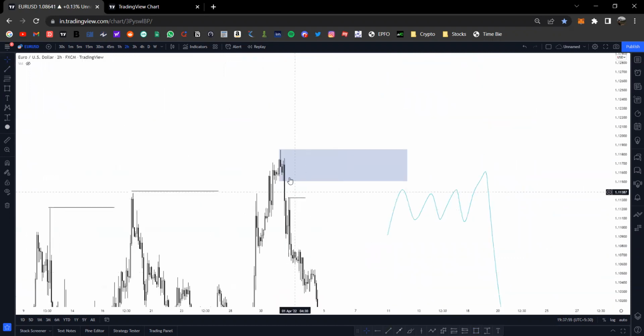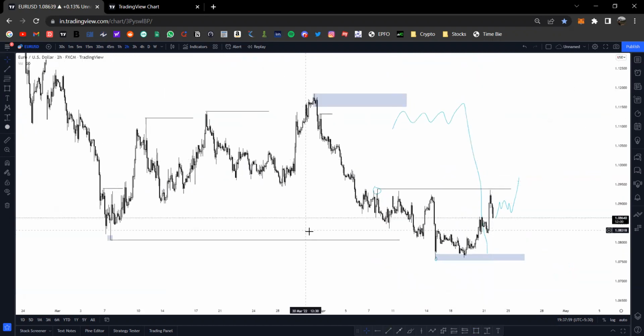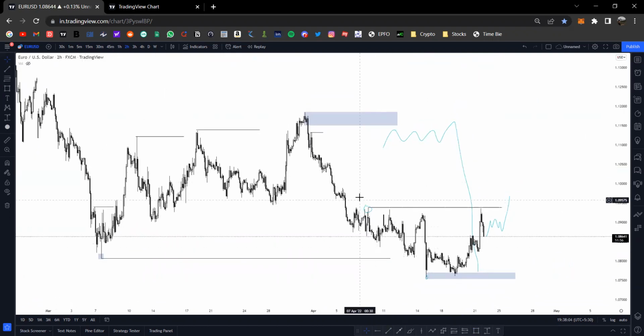Just like this one, this candle has taken out all the bearish move, bearish structure, and just after that I will look for sells around here.